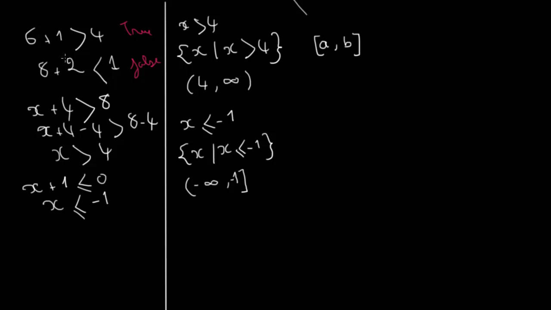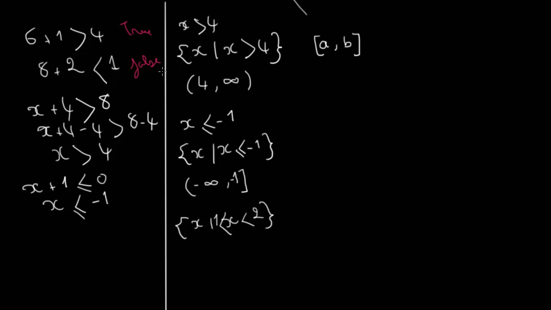An example of a bounded interval is, for example, this imaginary set, so you can think of it just like that. We have x such that x is between, I don't know, 1 and 2.